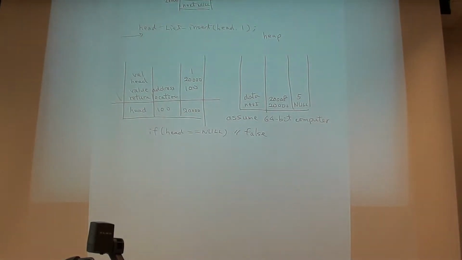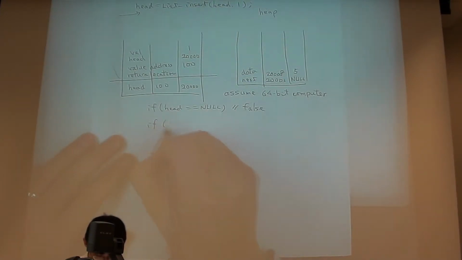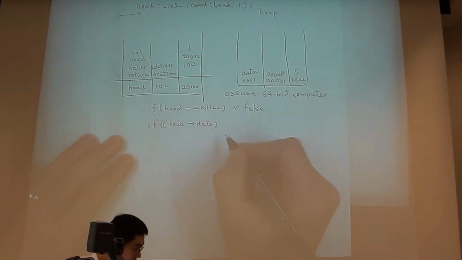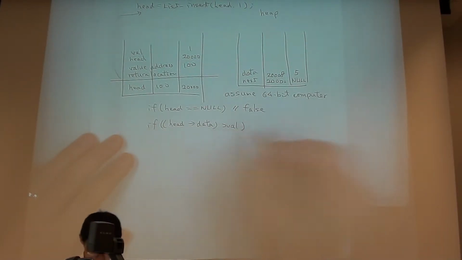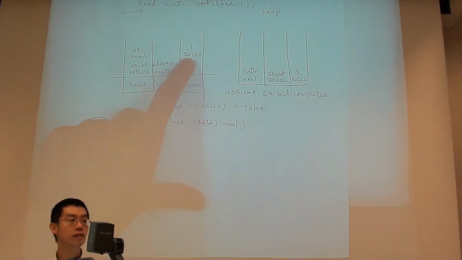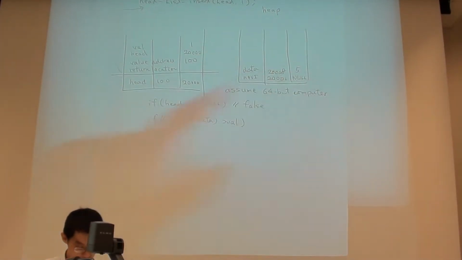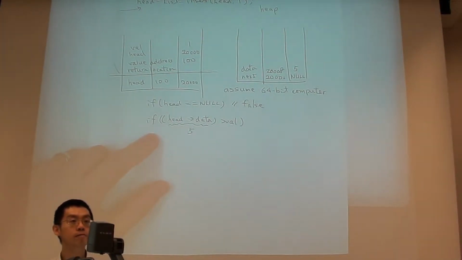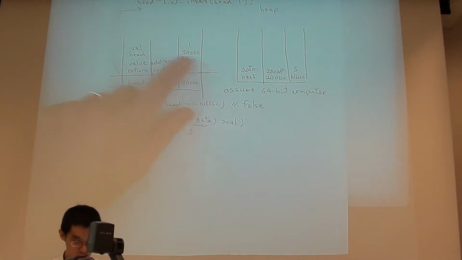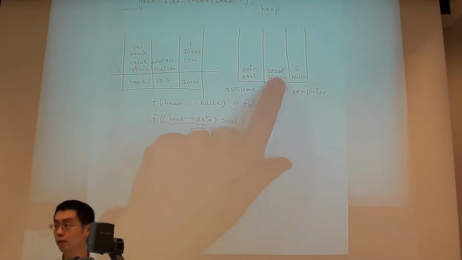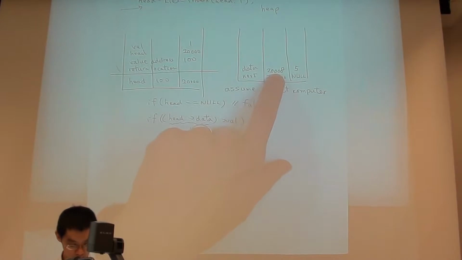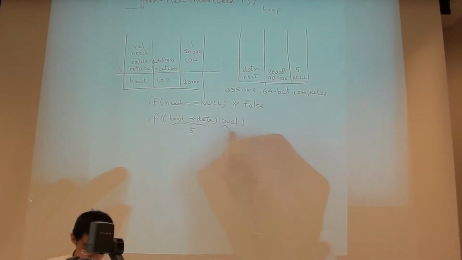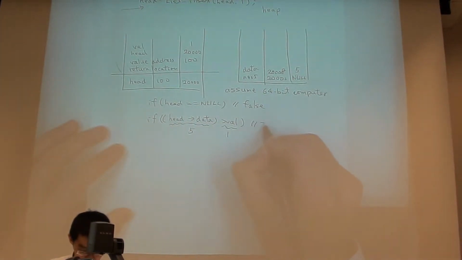Then the next condition is if head data is greater than val. Head is 20,000, so I go to 20,000. Data is the second attribute. So I find data in the heap memory, and it is 5. And val currently is 1, so this condition is true.